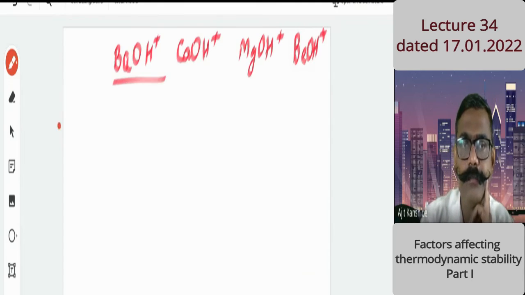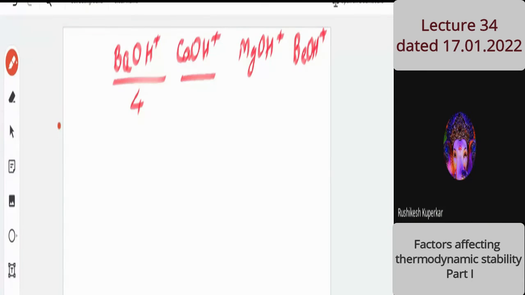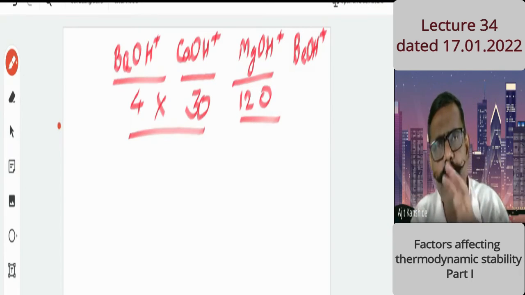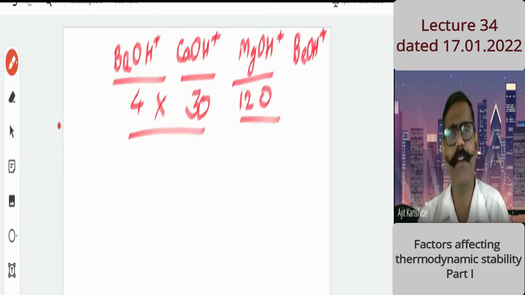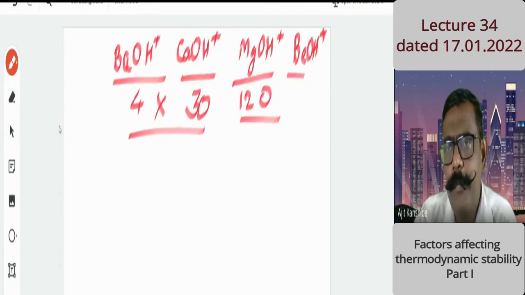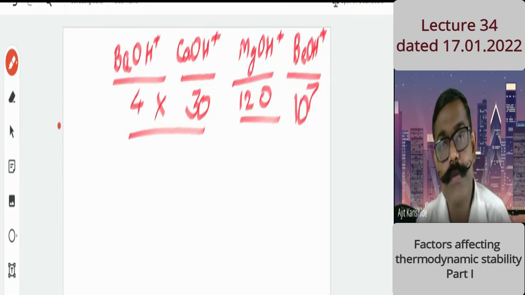Stability constant 4 for barium, for calcium 30, here 120. See, how to remember: 4 into 30, how much? 120. Just playing with these numbers, it will be easy to remember. Instead of 120, if you write 100, nothing wrong there. And for BeOH plus, a considerably high number is there. What is that? 10 raised to 7.